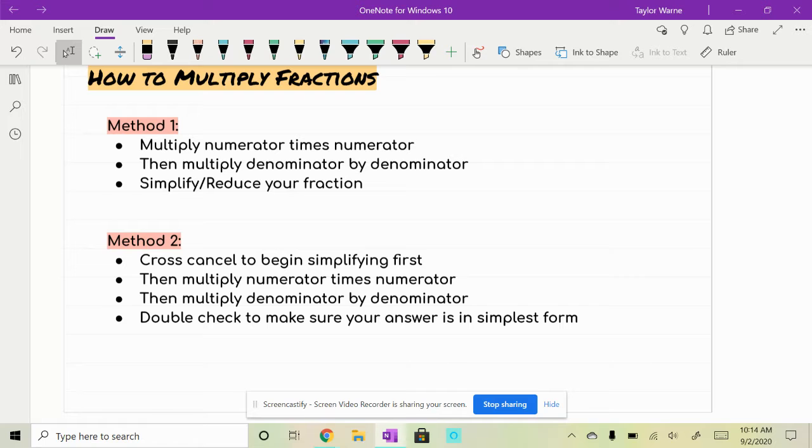So we will go over how to cross-cancel. And then after you've simplified your fractions using cross-canceling, you'll still then go ahead with those simplified fractions, multiply your two numerators together, multiply your denominators together, and then double check to make sure your answer is still in simplest form at the end.